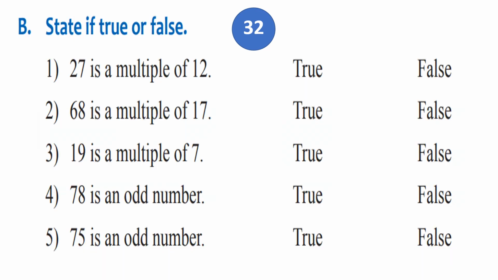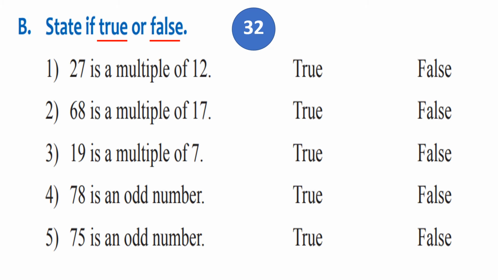Part B. State if true or false. True or false. Number 1. 27 is a multiple of 12. True or false?